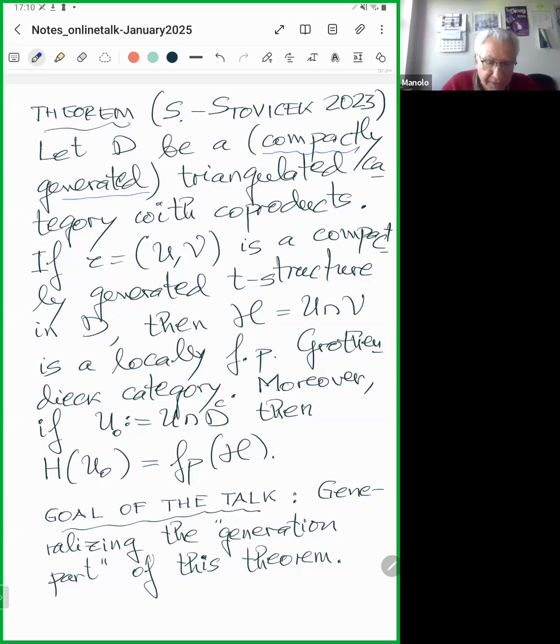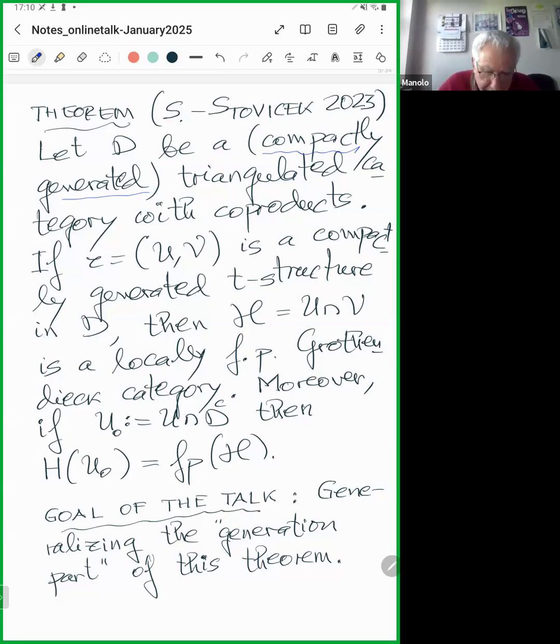You are then working in a compactly generated subcategory, and you have there a t-structure where the aisle is exactly the same, but the coaisle is just the intersection with the subcategory, and the heart does not change. So if the result is true when the ambient category is compactly generated, the result is true in general.